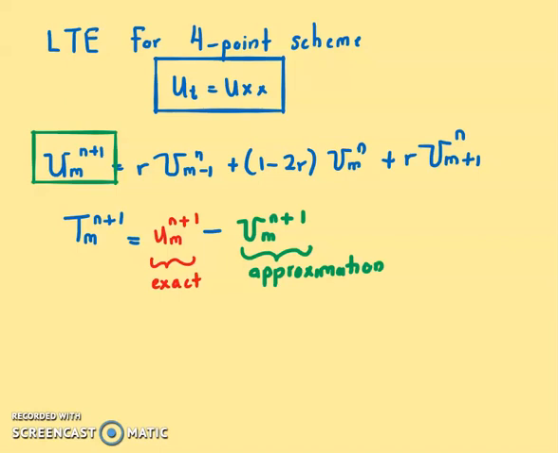Okay, let's find the exact first. The exact is given by the small u here. We can write this in the form of u(x_m, t_n + k).